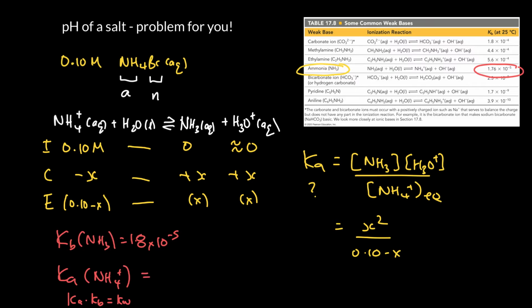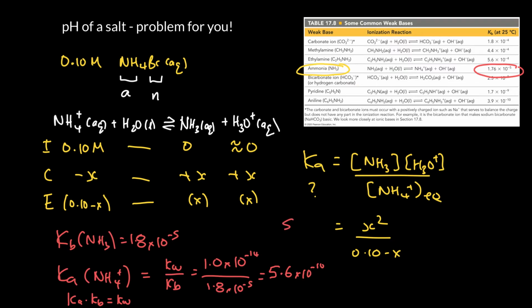So if we want to know Ka, that's just equal to Kw over Kb. And at room temperature, if we're not told otherwise, we're going to assume Kw is 1 times 10 to the minus 14. So if we do our math, we get Ka for the ammonium ion, which I get to be 5.6 times 10 to the minus 10. So it's not going to be a very strong acid at all.